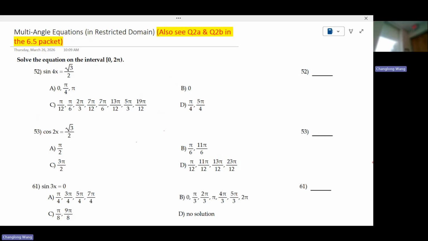When it comes to C and D, what would you pick to put in? Whichever you like. Say pi over 4, because this one has pi over 4 and this one does not. If I take pi over 4 in and it works out, it's D. If it doesn't, it's C. Does it make sense?